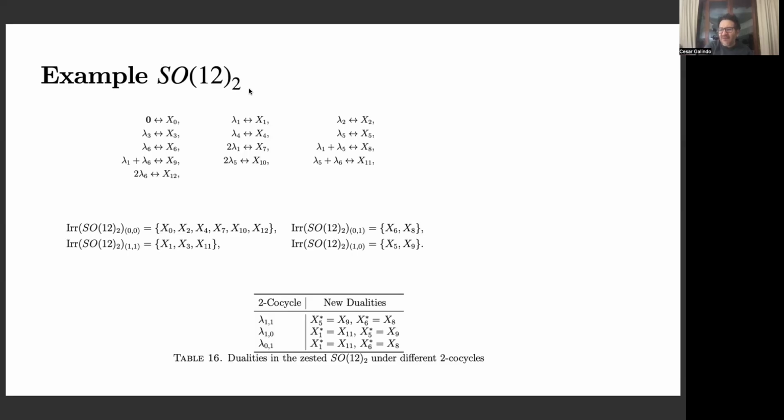There are very few examples of Verlinde categories that have integral dimension. And the other interesting part is that those that have integral dimension, the braided representation associated has finite image.